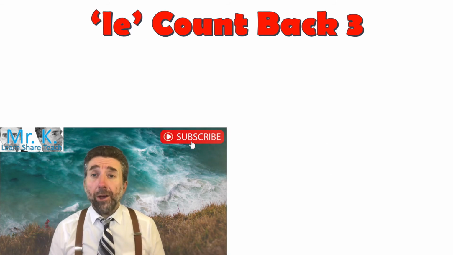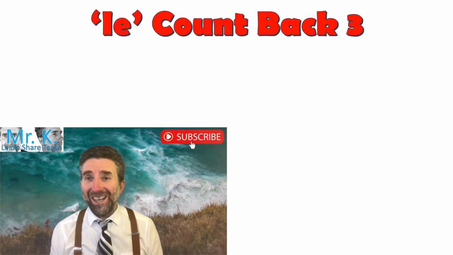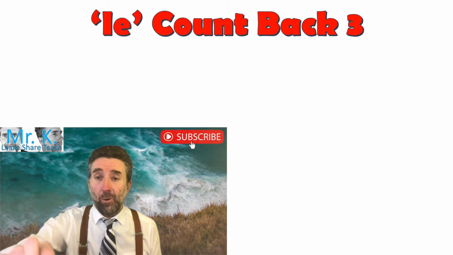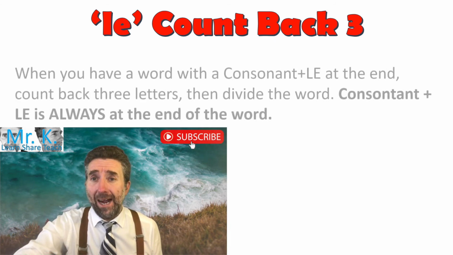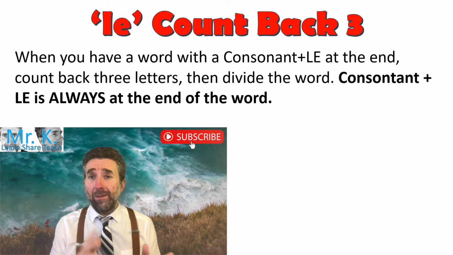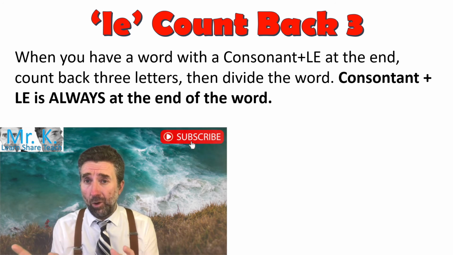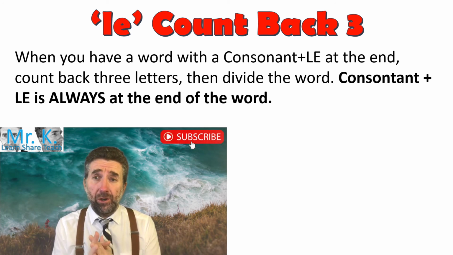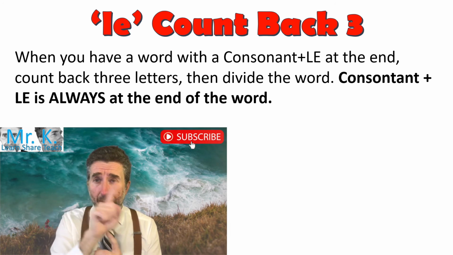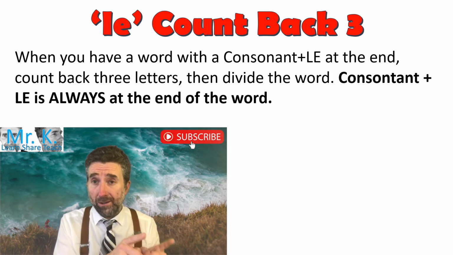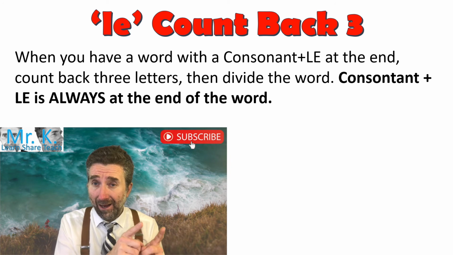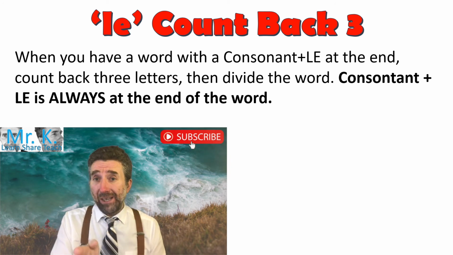Awesome. Our next syllable division rule is the LE count back 3 rule. This rule basically states that you'll have a consonant and then an LE at the end of a word. In this case, you go back from the E, count back 3, which will be before the consonant that was before the L and the E, and then you split there.